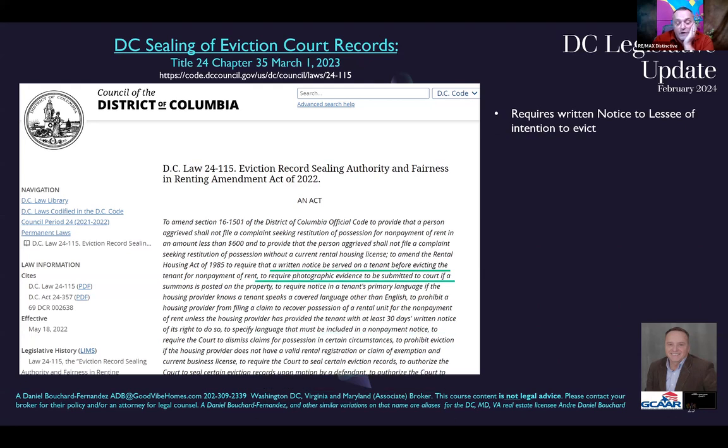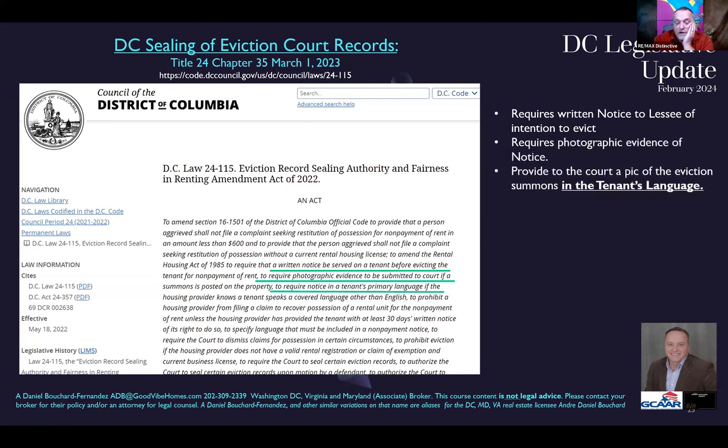You've got to provide photographic evidence that you've posted that notice at the property. You have to provide a picture of the eviction summons in the tenant's own language. So if they speak a foreign language, it needs to be printed in their own language. It can't be printed in English if they're a foreign national and don't speak English.